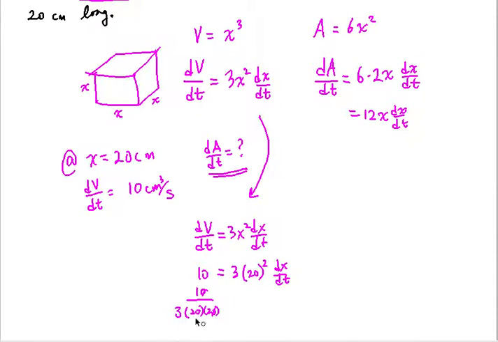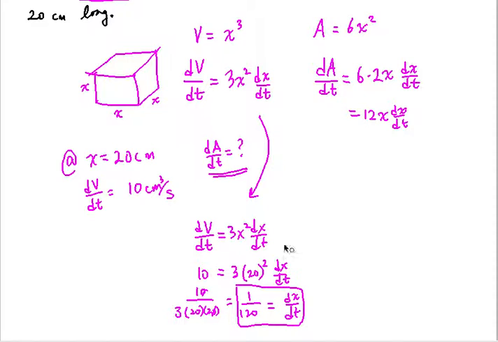That would be 1 over 3 times 40, which is 1 over 120, and that would be equal to dx/dt. Sorry, I'm not being very clear on my steps, but this is basically what I would get. Now that's not my final answer.